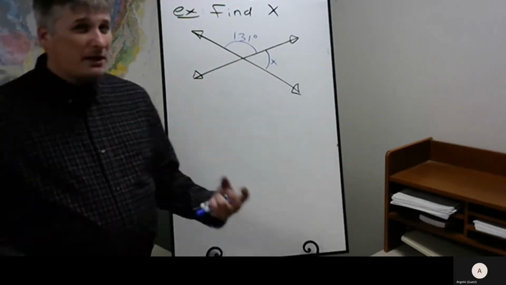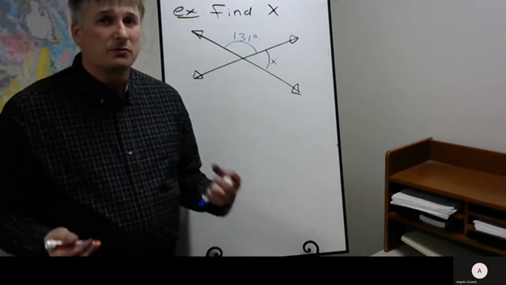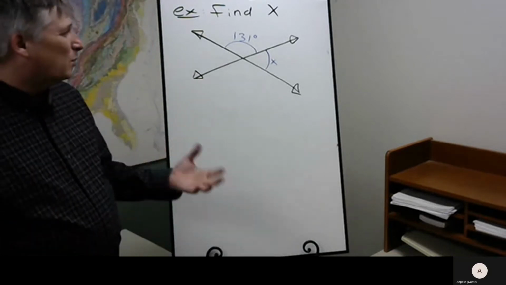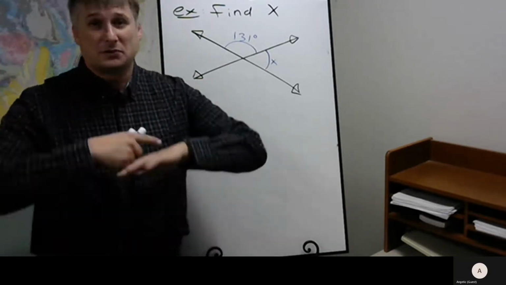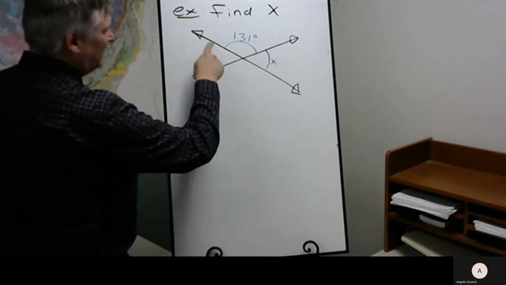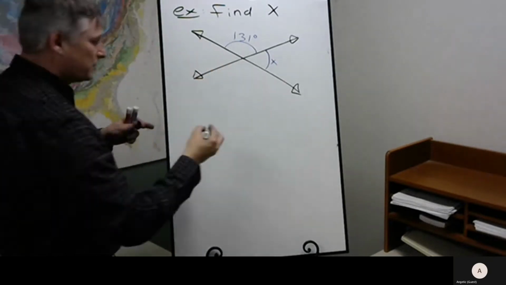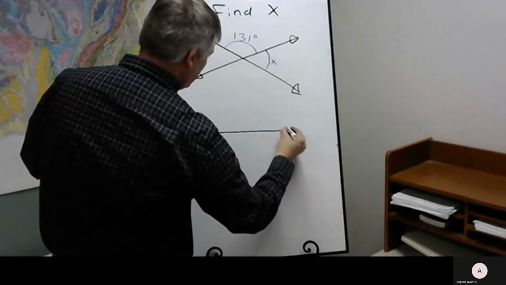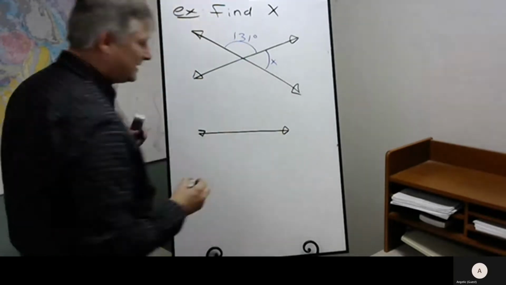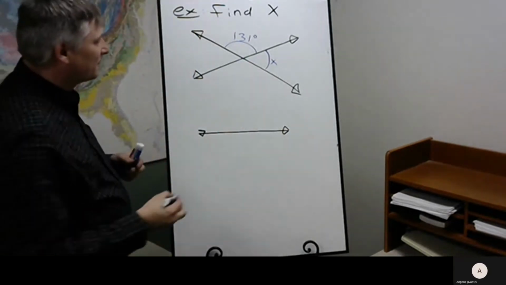Now, there's a couple ways you can do this. I'm going to show you the first way, where we don't really have to worry about vertical angles at all. We can just ignore it. You see this line here? We can redraw this as if it's a straight angle.